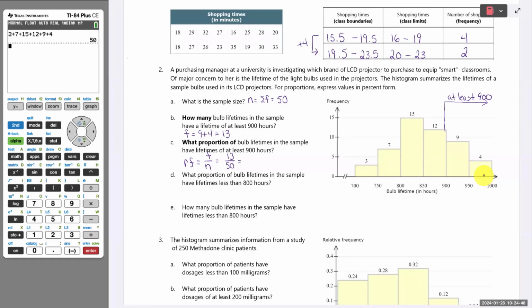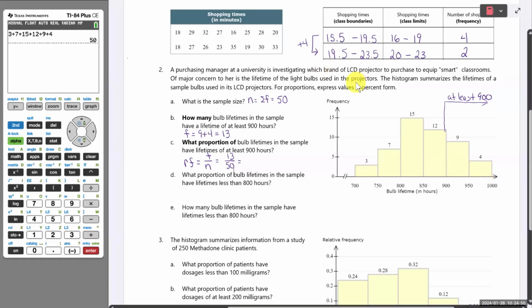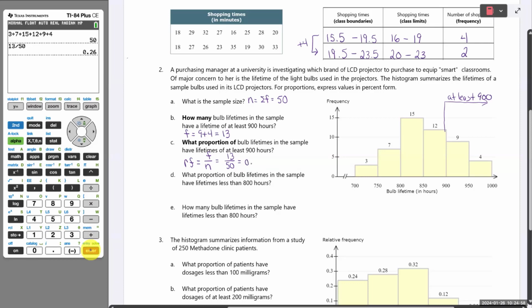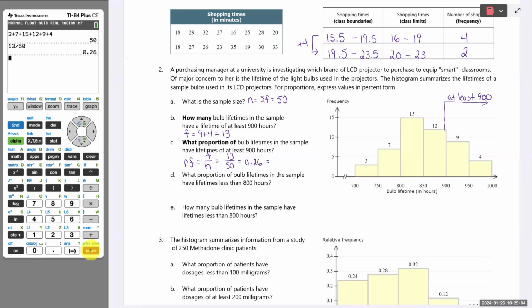And then it does say in the directions we want percent form. Nothing wrong with fractions, but the directions indicate percent. So I'm going to divide there and write the decimal first, and then move the decimal 2 places to the right. And I'll see then that that's 26% of light bulbs.